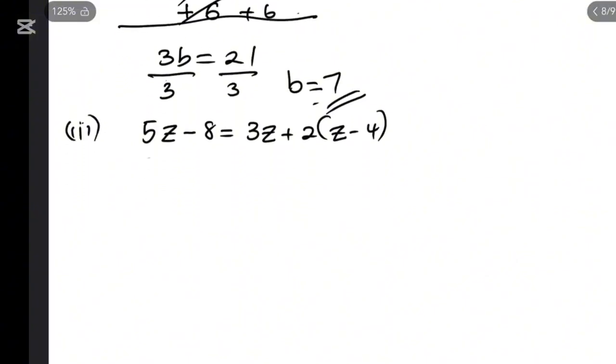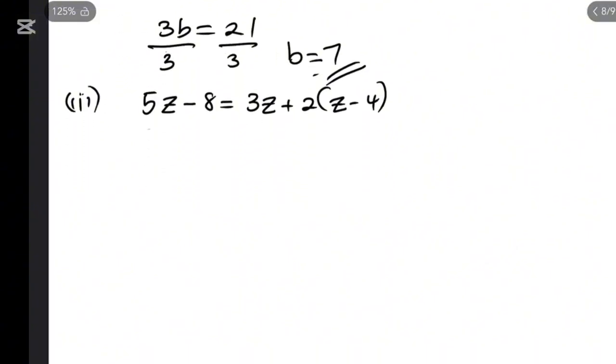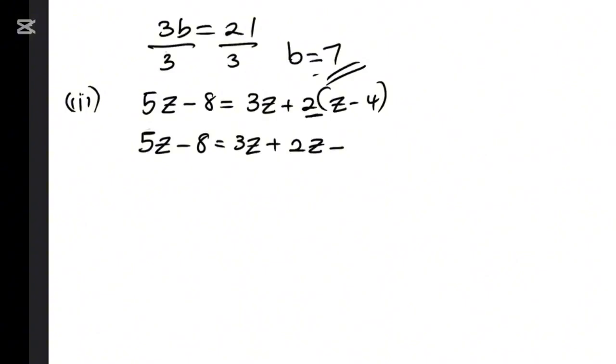Then the next one is 5z minus 8 equals 3z plus 2 into bracket z minus 4. What we need to do is distribute this 2 to both z and minus 4. So we have 5z minus 8 equals 3z, and when you distribute, you get 2z minus. Let me show you how we got that again.